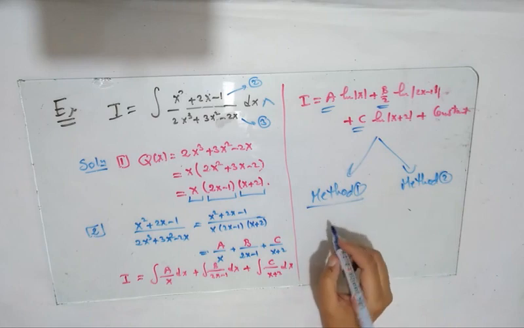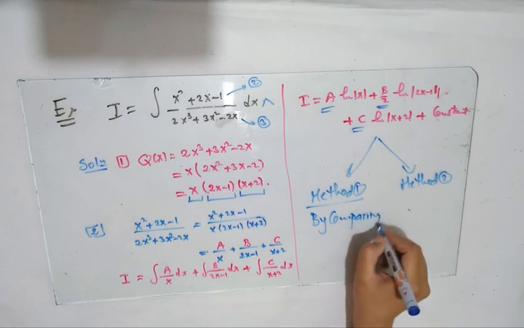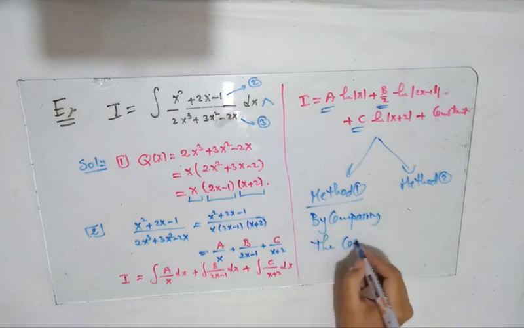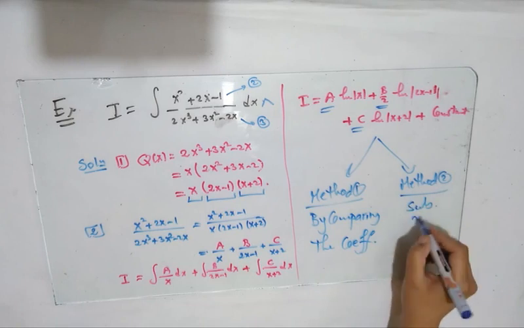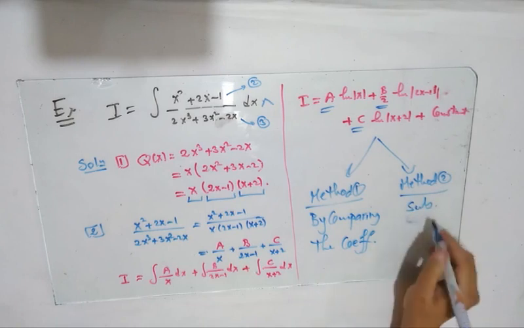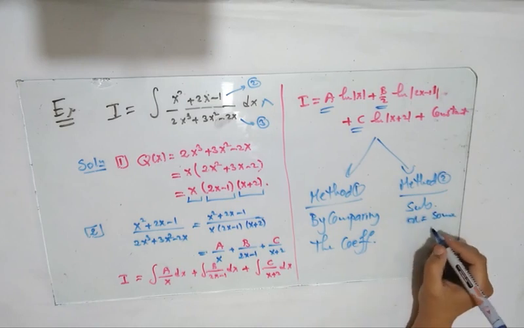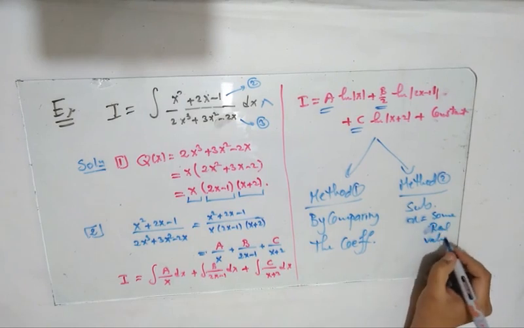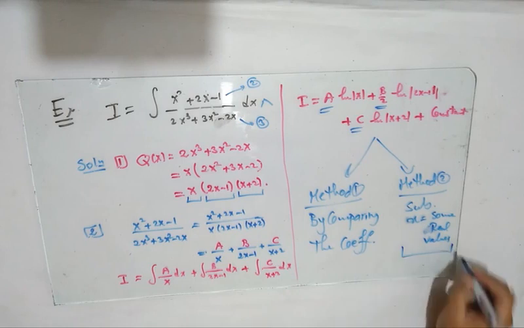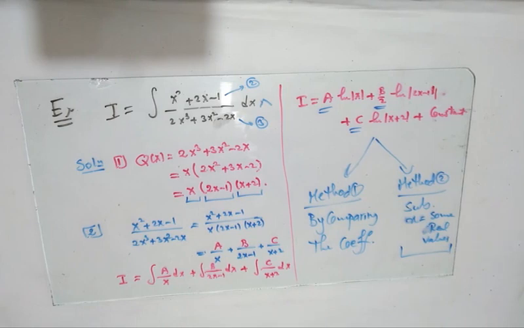The first method by comparing the coefficients, and the second one by substituting instead of x some real values. And most of the time this method is much easier than the first one. Okay, let's see how to calculate this a and b and c.